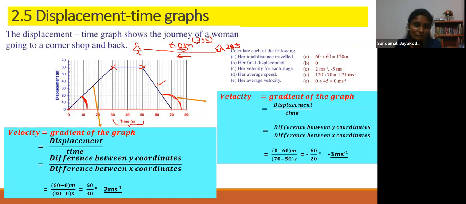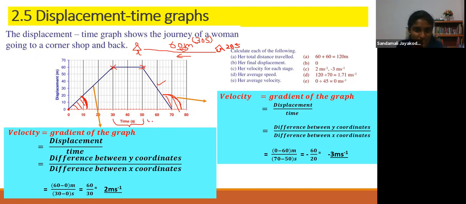The difference in the size of this angle gives us an idea about the magnitude of the velocity. Here it's a smaller velocity. Here it's a somewhat bigger velocity. But she is moving in the opposite direction. She is coming back.